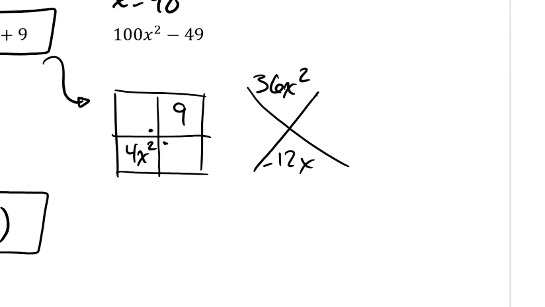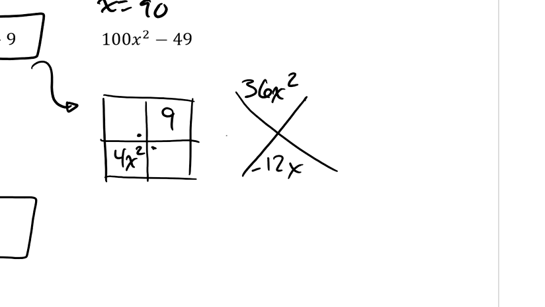So I can see right away that I'm going to need negative factors. In fact, I know that they both need to be negative because the product at the top is positive, right? And the only way I can get a positive is by multiplying two positives or multiplying two negatives. The reason why I can't multiply two positives here is because the bottom has to be a negative 12x. So I know that I need two negative numbers to get that.